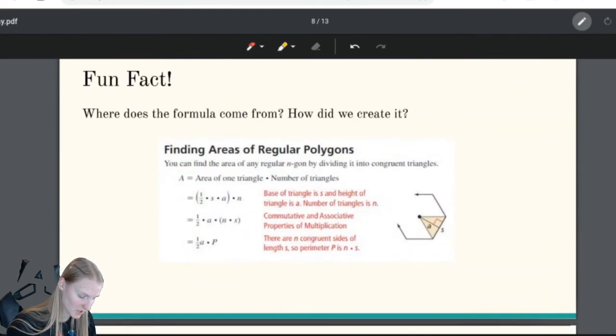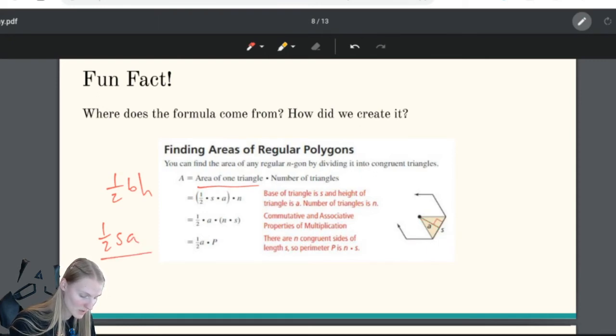The area of a triangle is 1/2 base times height, and the base is s, so we have 1/2 s, and the height is a, the apothem, so we have 1/2 times s times a.